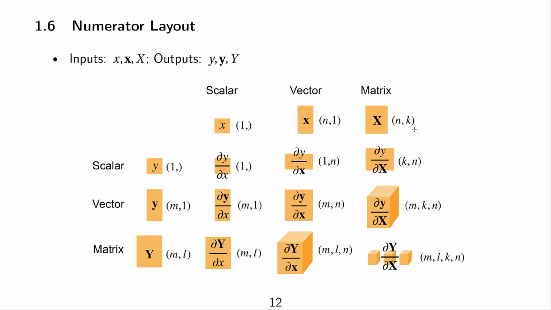These are going to be images with a certain depth. And then what happens if we have a rank 3 tensor input and a rank 3 tensor output? Extending this, we will get a rank 6 tensor as derivative, and the order of the dimensions follows this pattern.